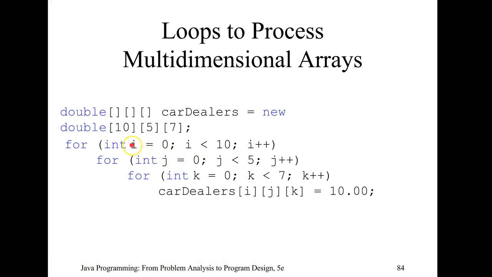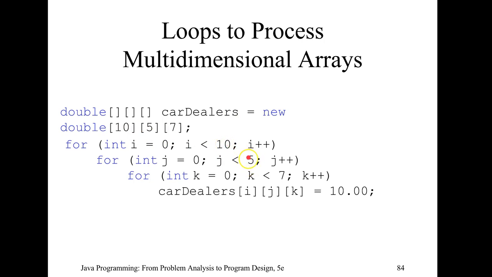But notice the outer loop typically is this element in the array. It doesn't have to be though. You just better make sure that the outer loop goes to less than the dimensions of that outer loop. And rather than use 10 here, I would use less than carDealers.length.